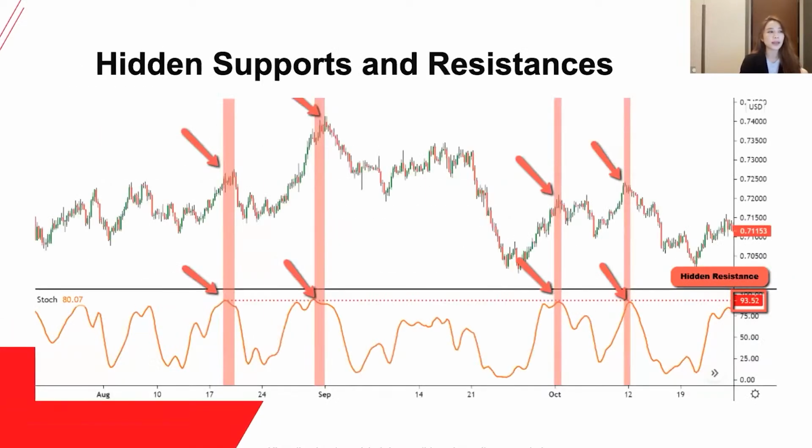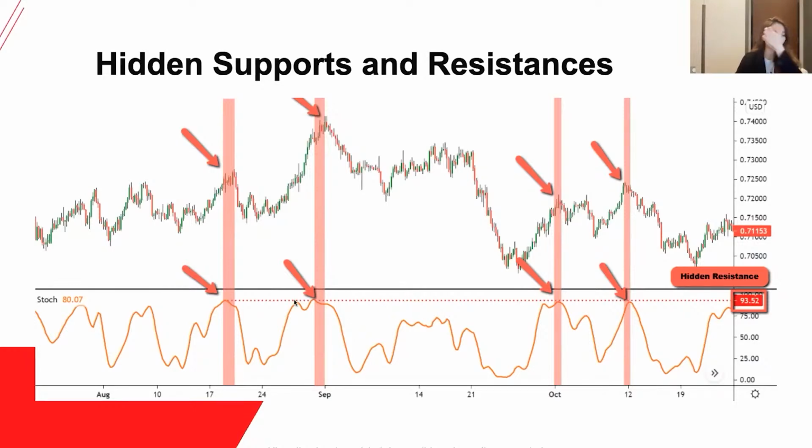However, if you look at how the price reacts and the momentum it carries in the stochastic indicator, you can see that on these four red highlighted areas, the price reactions are the peaks of the reaction, right? At the peak of the reaction, we are looking at 93.52, way above the normal range of 80.